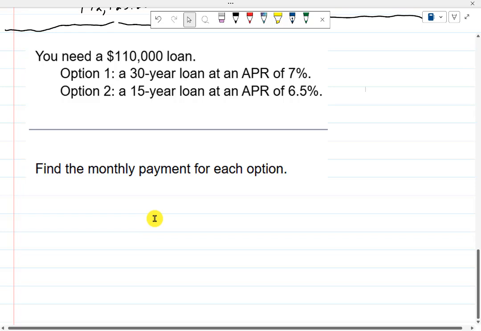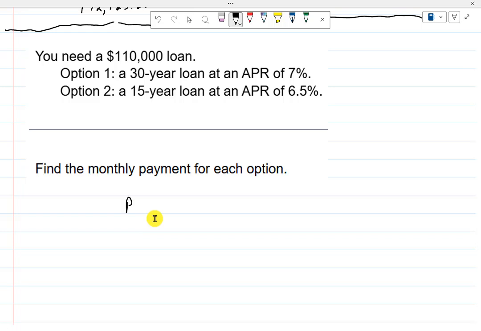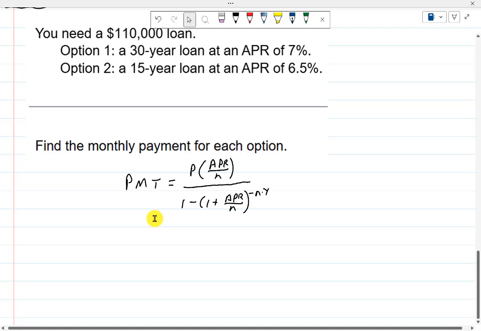What I do want to write up here is the formula that we're going to be using. So there it is, and I'll put in the correct numbers for each one.